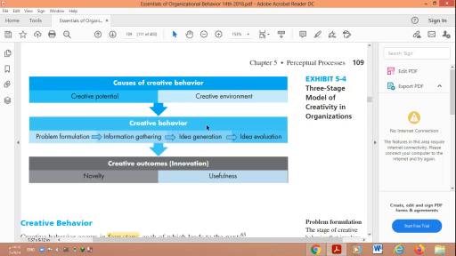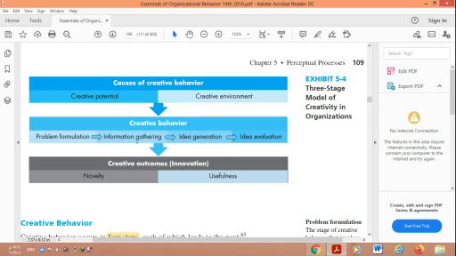This is the creative behavior, and it follows 4 stages. It starts with problem formulation to define the problem, then gathering the needed information about the problem, then we generate different ideas for solving this problem, then we evaluate our chosen alternative which is used to solve this problem.